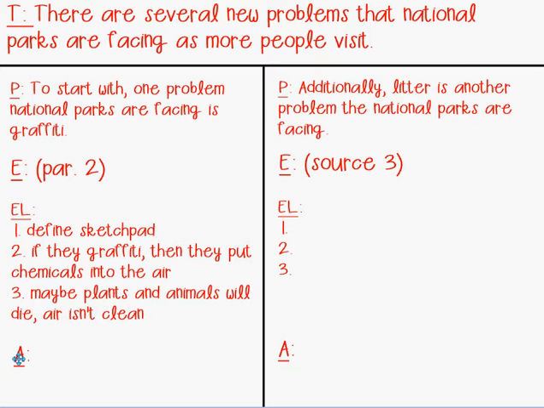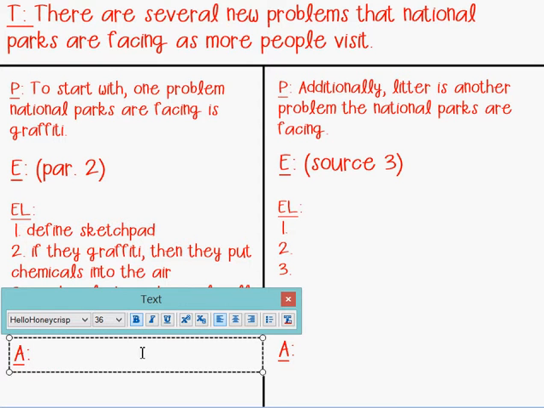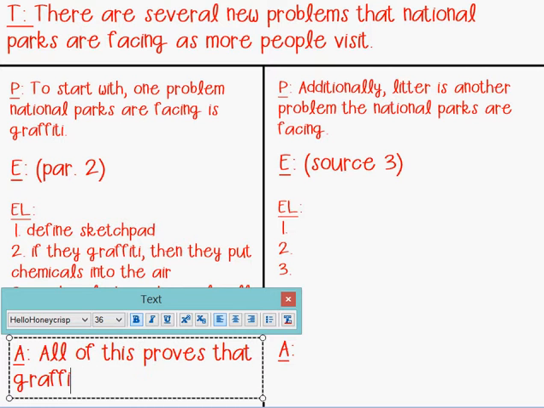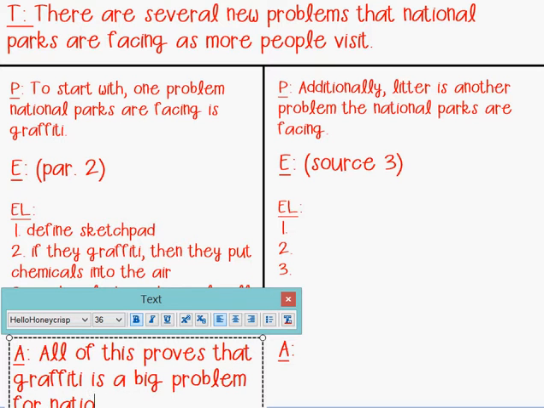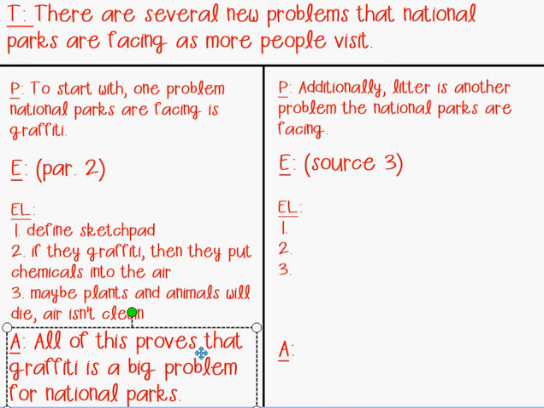So if my point was about the problem national parks are facing is graffiti, my A starts off with another transitional phrase. All of this proves that graffiti is a big problem for national parks. Okay, so again, I'm still using part of my point.